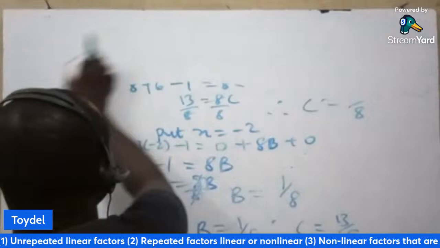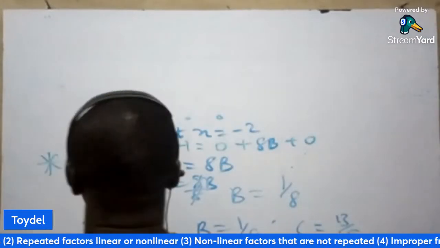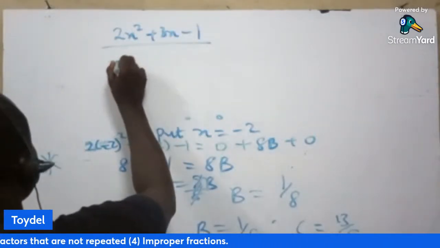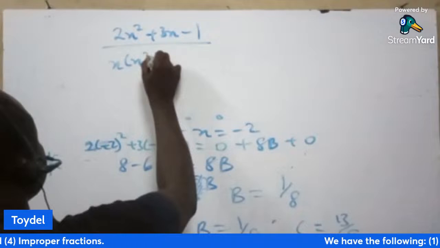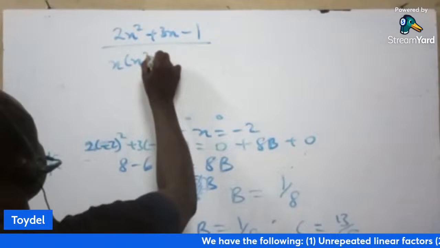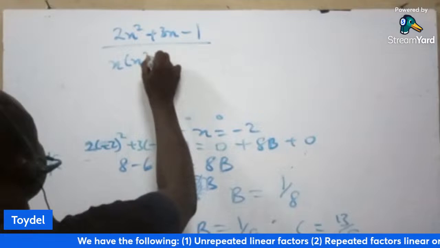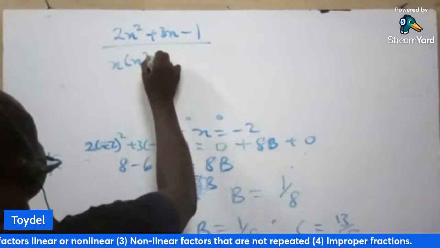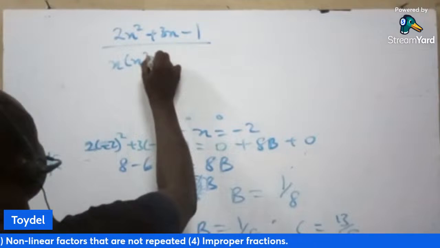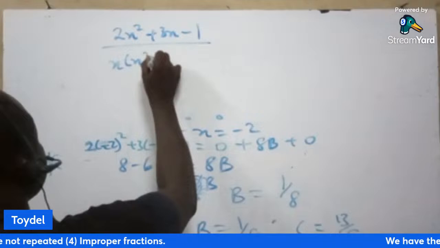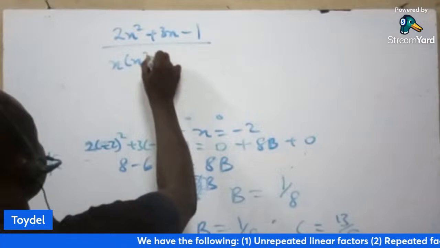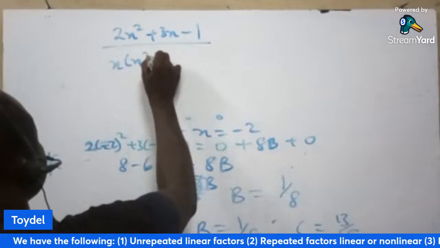So I will now go back to what we are given. That is 2x squared plus 3x minus 1 all over x into x squared, minus all over x, plus the second one is b over bracket x minus 2.